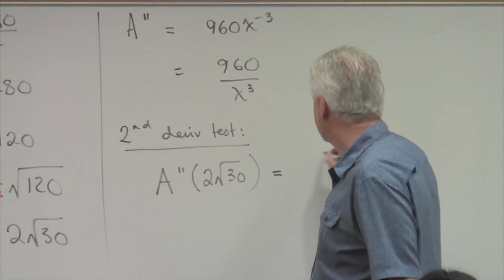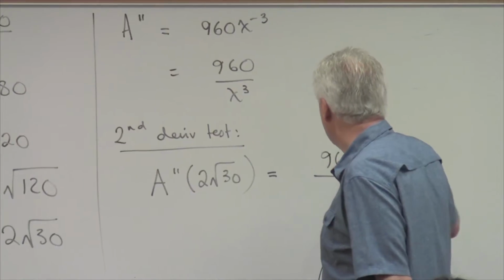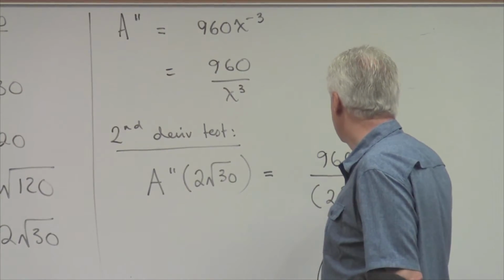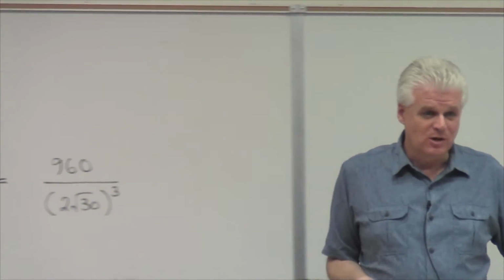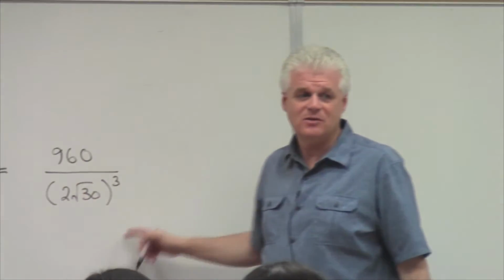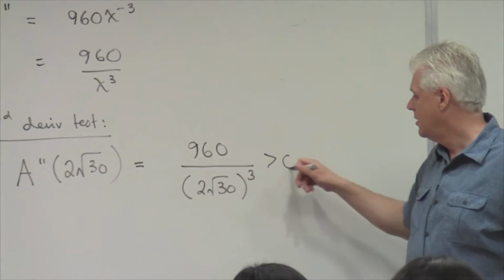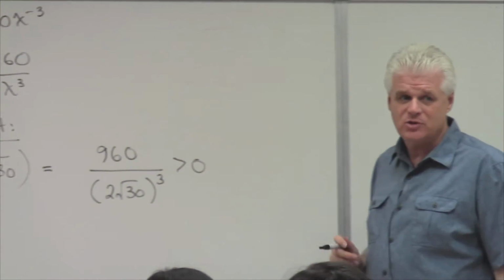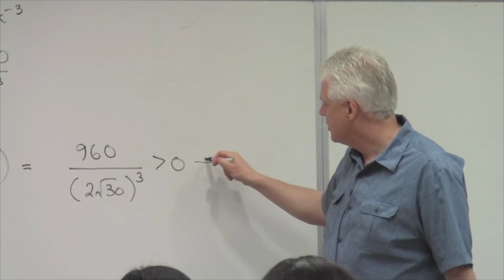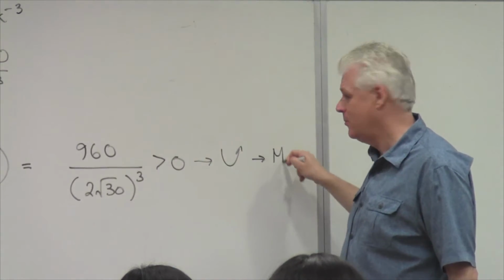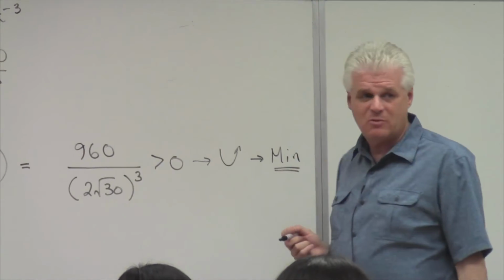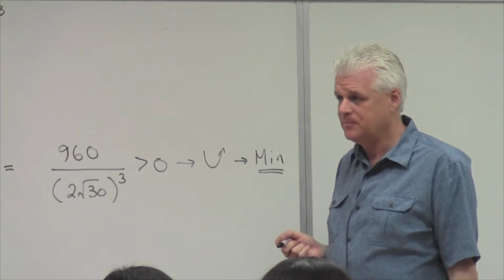We plug that in, so we get 960 over 2 square root of 30 cubed. Now, thankfully, we don't really care what the answer is. We care about what about the answer? The sign, exactly. And clearly, what sign is this? Yeah, it's positive. That's all we care about. Don't need to work that out. Just need to know it's positive. Which means it's concave up, which means it's a min, which is good for us because that's what we were trying to find. We were trying to find the min.